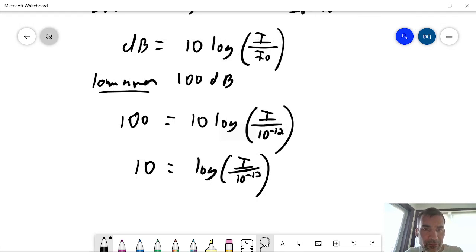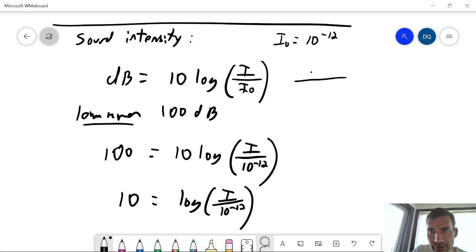So let me just slow down for a second here. This is your definition of a decibel. There's a 10 in here because it takes 10 decibels for a single tenfold increase. So you go up by 10 and that's times 10. You go up by 20, that's times 100. And we're taking the log of the fraction of the intensity of sound under consideration divided by a reference.